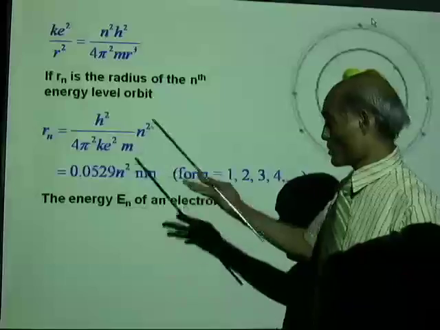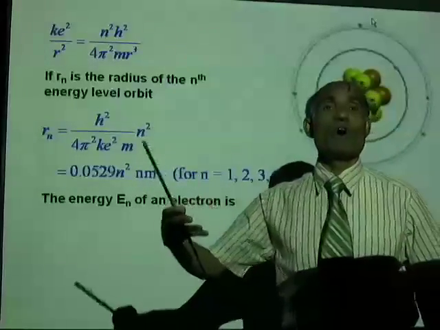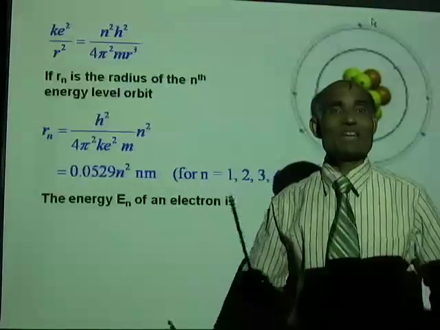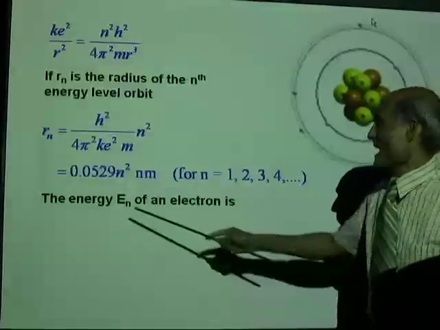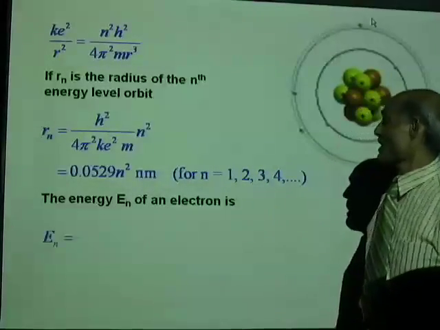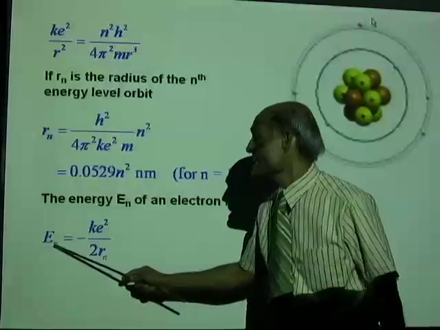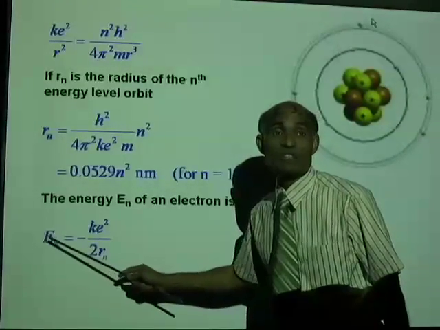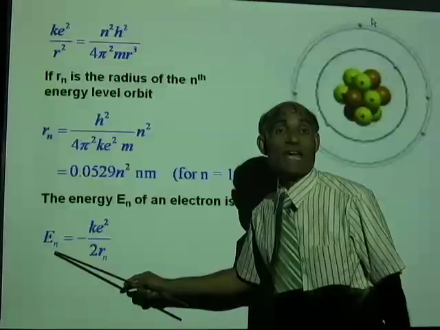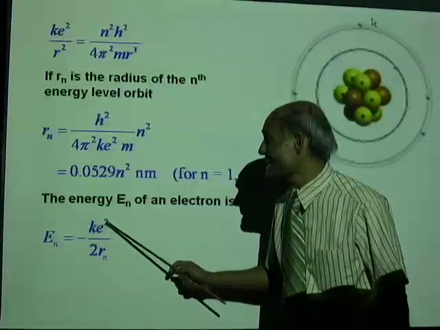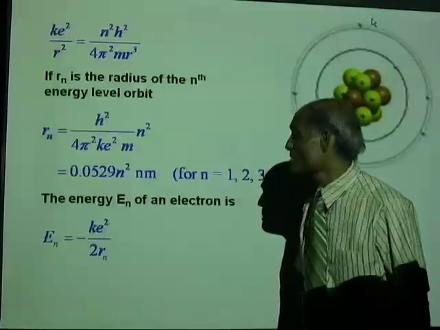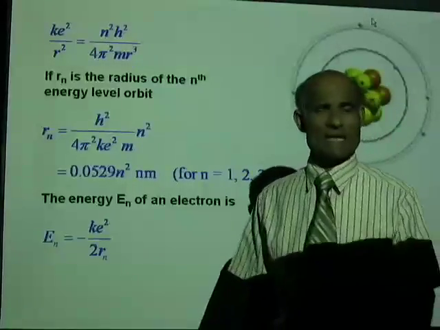Well, so Bohr is right on its way to find a much more viable model of the atom. Now, the energy E sub n of an electron in the nth energy level is negative k e squared over 2 r sub n.